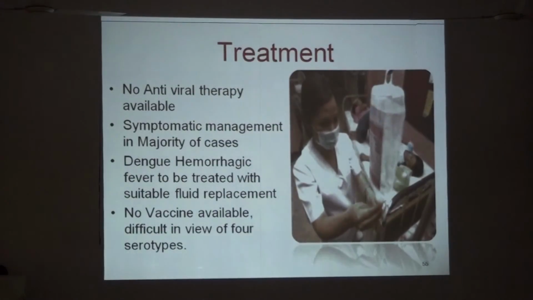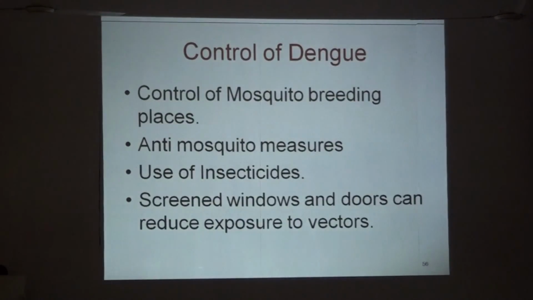A few tetravalent vaccines have been developed, but they are not so good because of the 4 serotypes, which produce antibodies that do not give protection against all 4 serotypes. The control of dengue is by controlling mosquito breeding places, anti-mosquito measures, and use of insecticides.